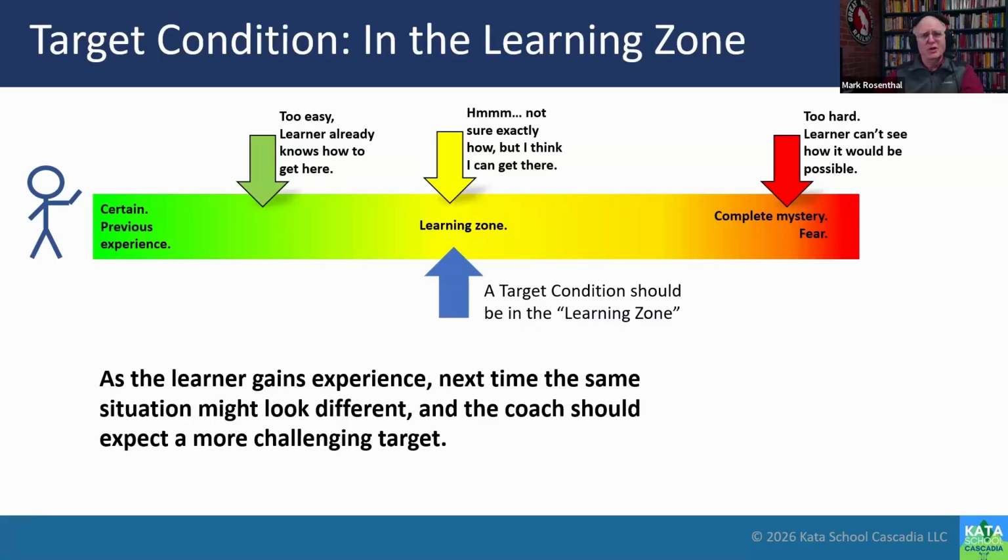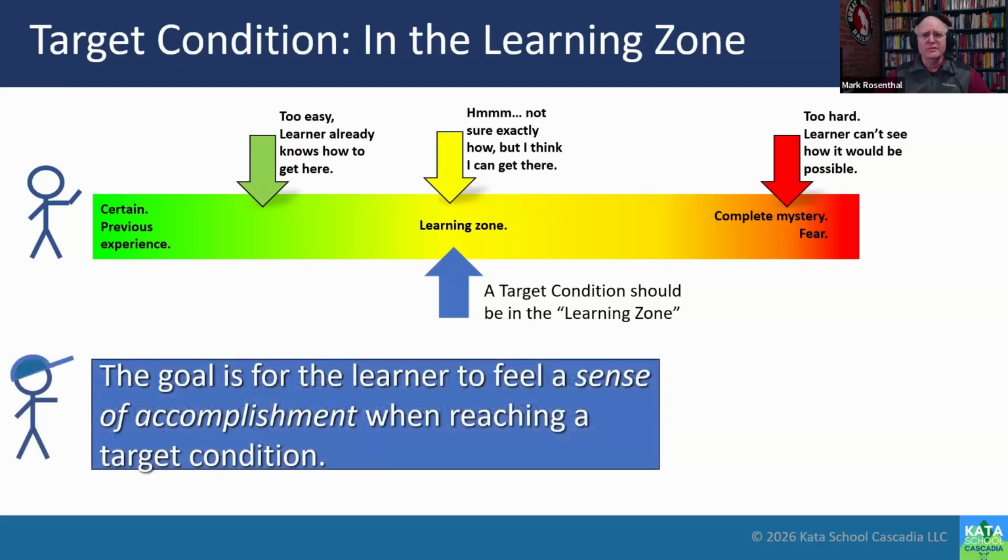That's part of developing them as people, as a coach, understanding where your learner is and where their development is and calibrating that target condition accordingly. Because the goal is for that learner to feel a sense of accomplishment. Yeah, we did it when they reach that target condition. So that's one thing to really keep in mind.